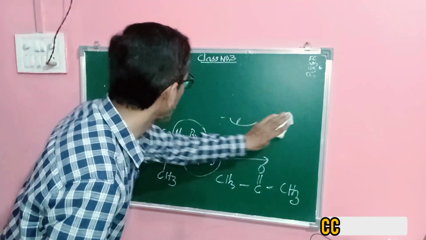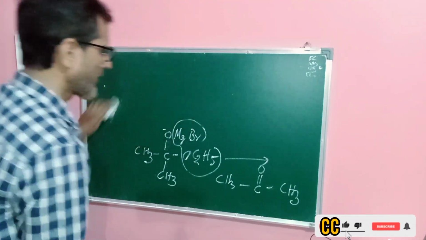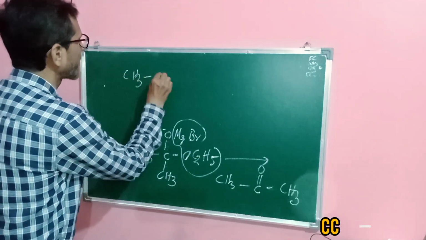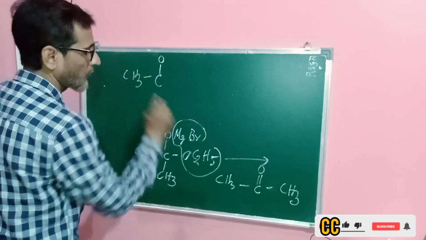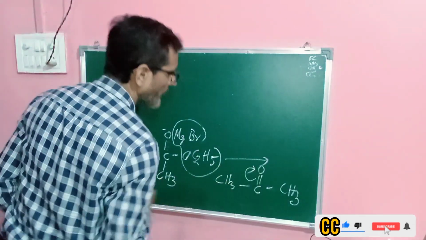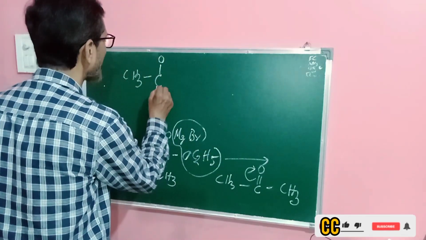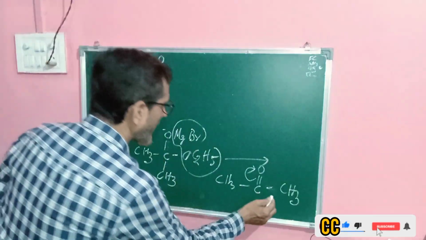Now you see CH3, C double bond O: oxygen withdraws electrons, so this becomes plus and this becomes minus.